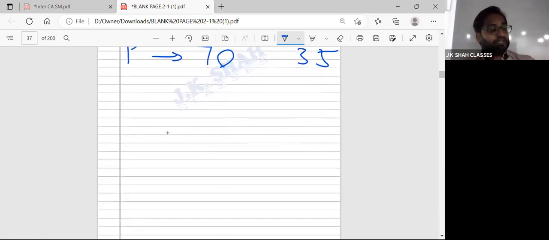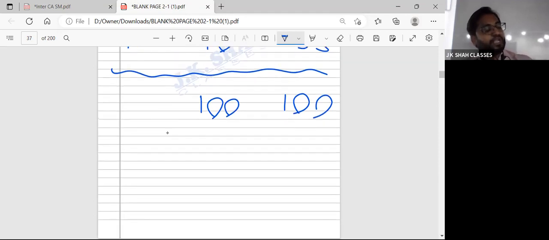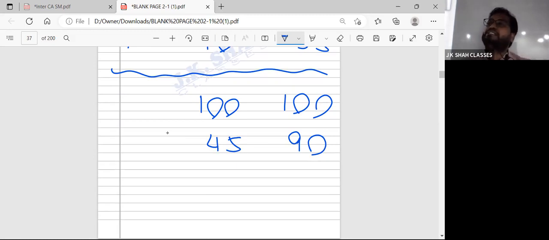Suppose the selling price is the same. The cost increases to 45 for you and here it is 90 for me. How come it is 90 for me? Because the overall cost increased. For you it increased only by 15 rupees. For me it increased by 25 rupees. What is the revised profit?